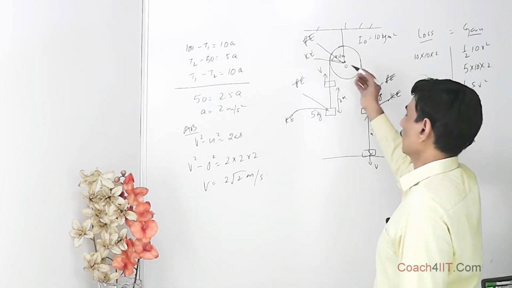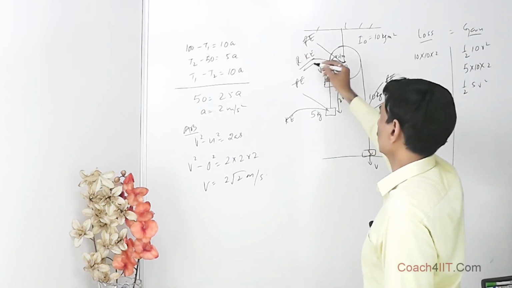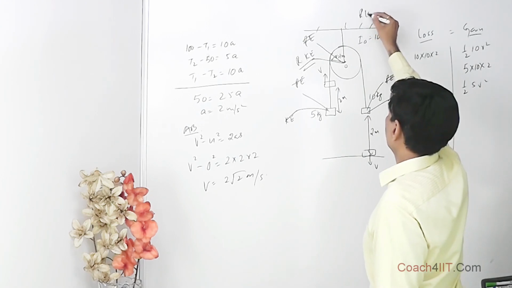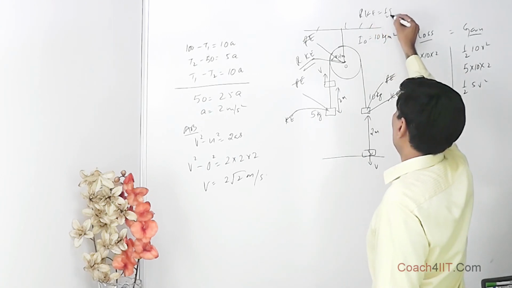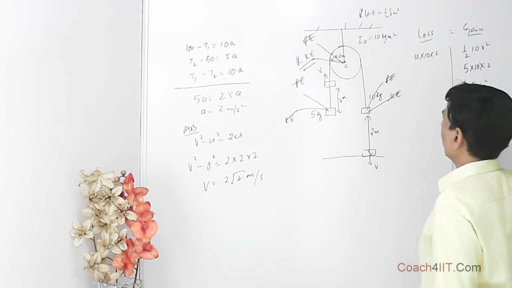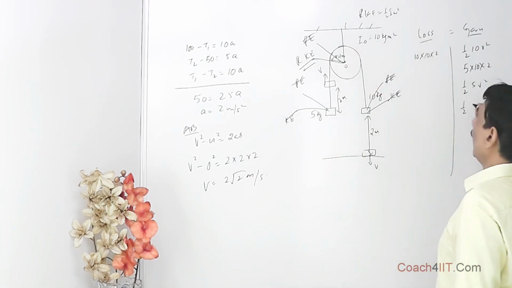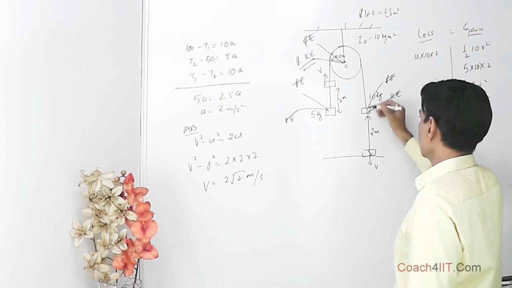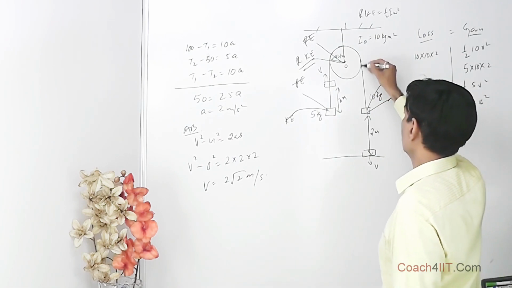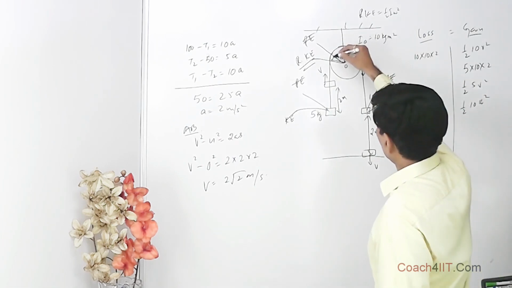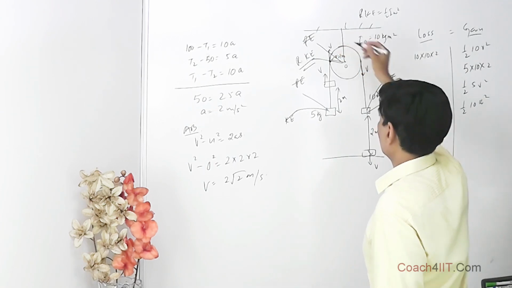Kinetic energy: what kind of kinetic energy? That is rotational kinetic energy, which is equal to half I omega square. Initially it was not rotating, now it is rotating, so it is half into 10 into omega square. We also know this velocity is v, so this point also has velocity v in this direction.